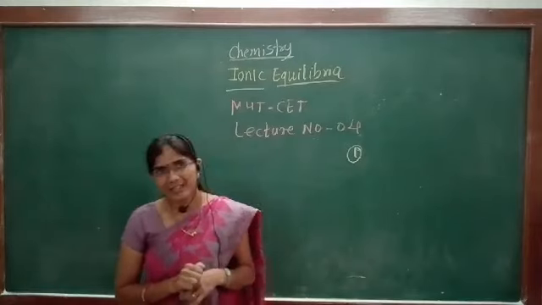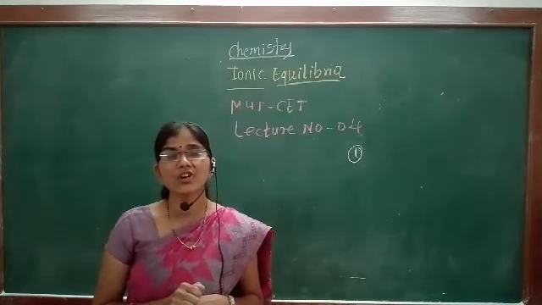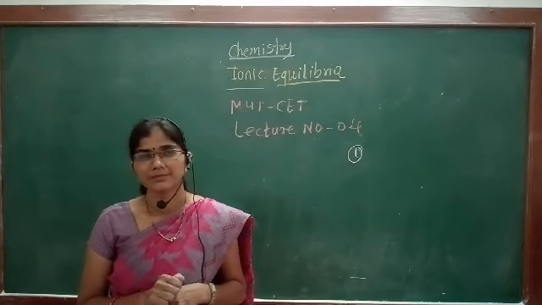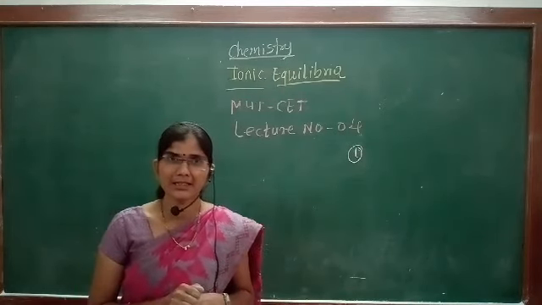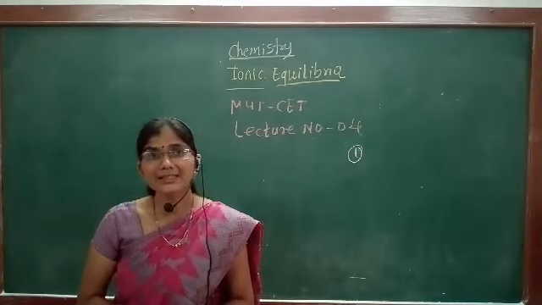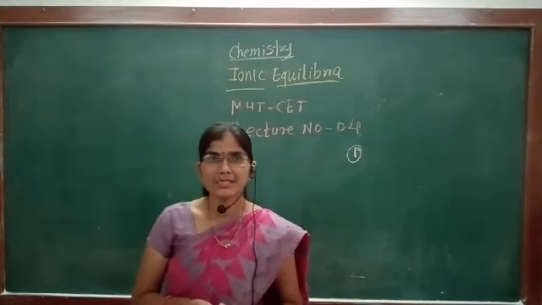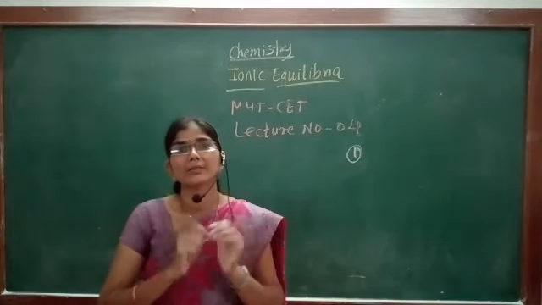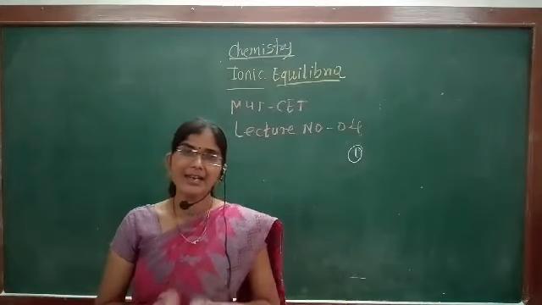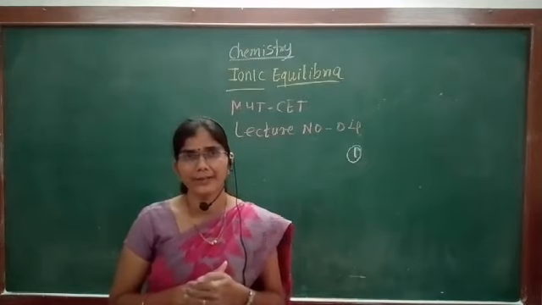Because the acid or electrolyte which dissociates completely is called a strong electrolyte. That means only products are present; all the reactants are converted into products. But here acetic acid is a weak electrolyte. That means out of this 0.01 molar acetic acid, less than that will be dissociated.